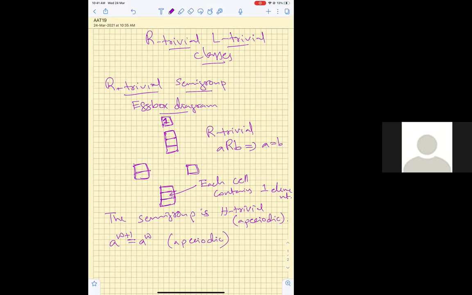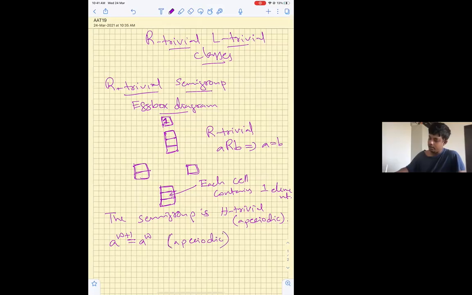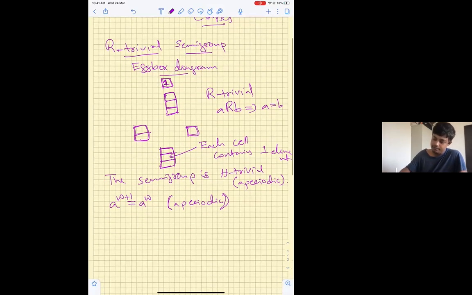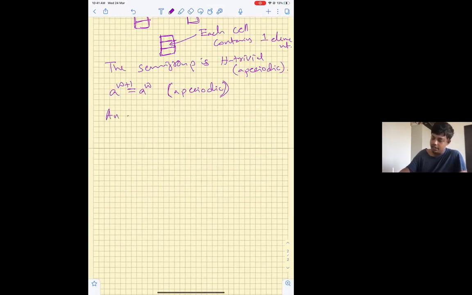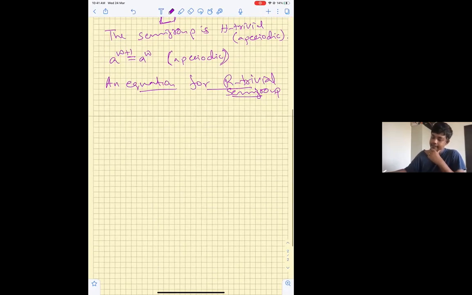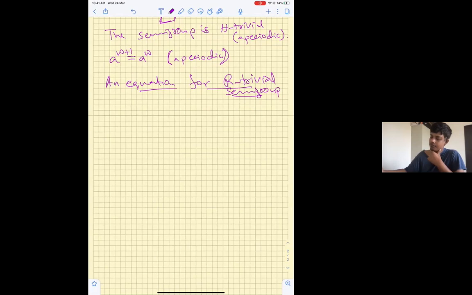How can I write an equation for an R-trivial semigroup? So I want to write an identity for R-trivial. All right.